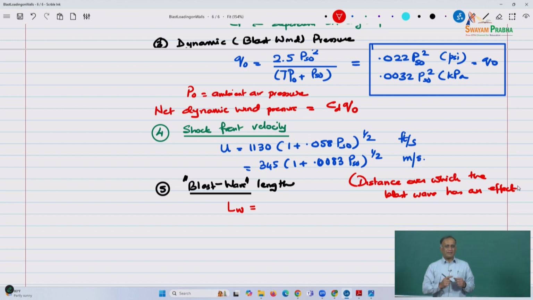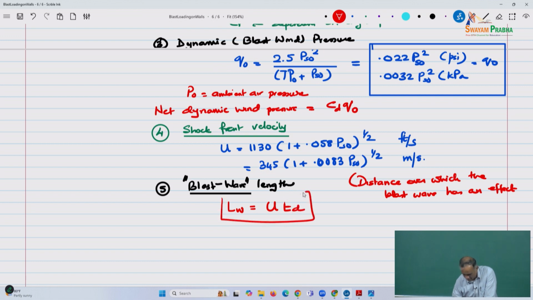And which is why, if you see the length of the building, of course, blast wavelengths can be fairly high, in the hundreds of feet. If you have a building that is 100 feet, then the whole effect tends to come down if you are averaging basically. So, this is U multiplied by the TD.